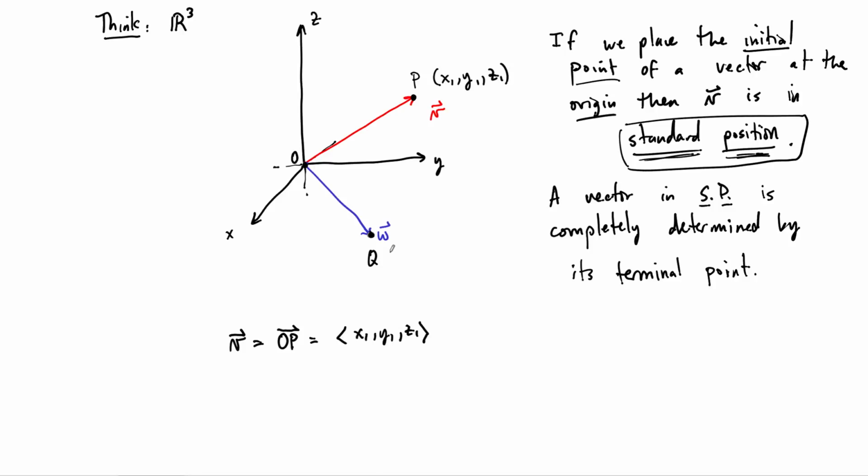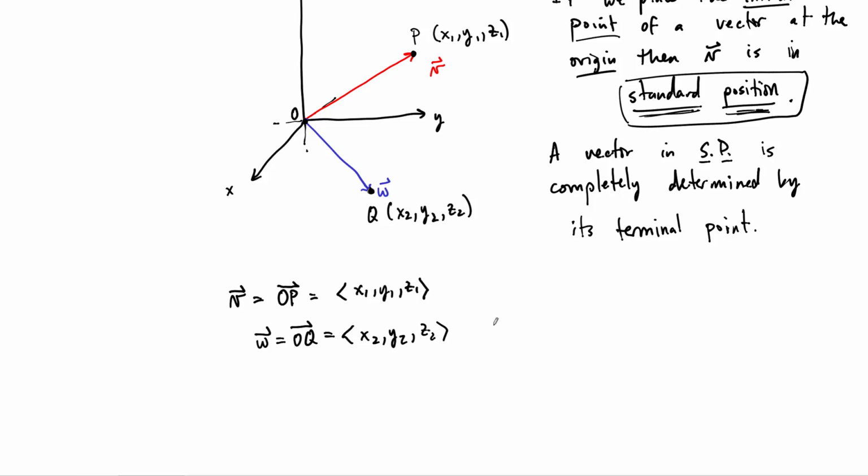So if this one's Q, and this vector Q is given by, say, x2, y2, z2, then our vector W can be, again, represented as OQ if we wish, or just in angle bracket notation, in component notation here, as x2, y2, z2 with the angle brackets. All right, so this is the notation for the standard position of a vector.